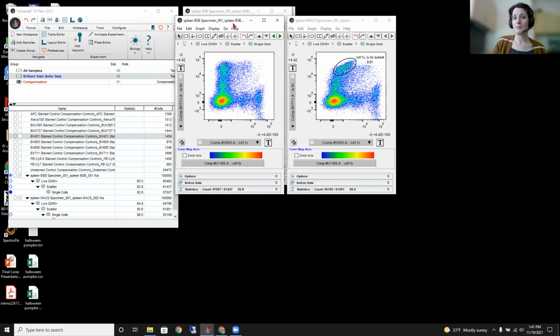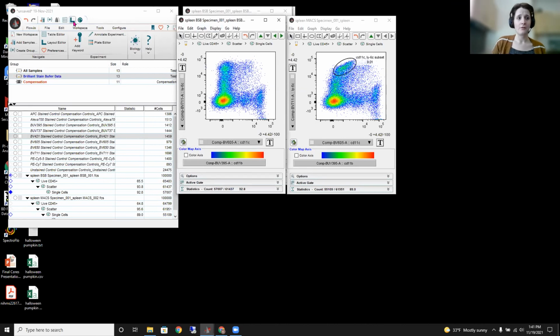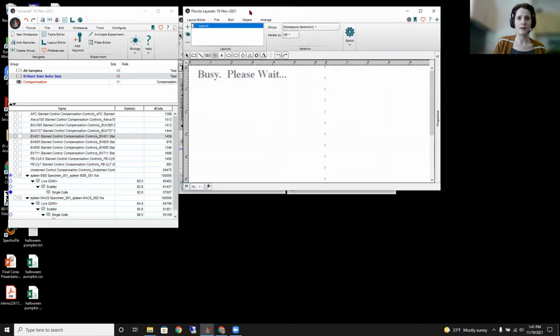So this is a very beautiful example of the same sample stained with the same exact set of fluorochromes, and how the choice of using that Brilliant Stain Buffer really helps you out.